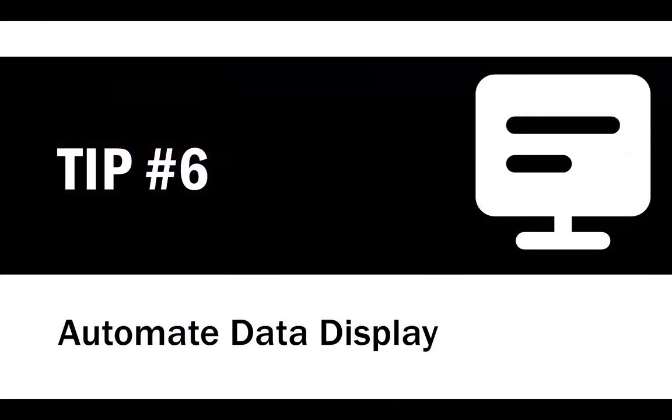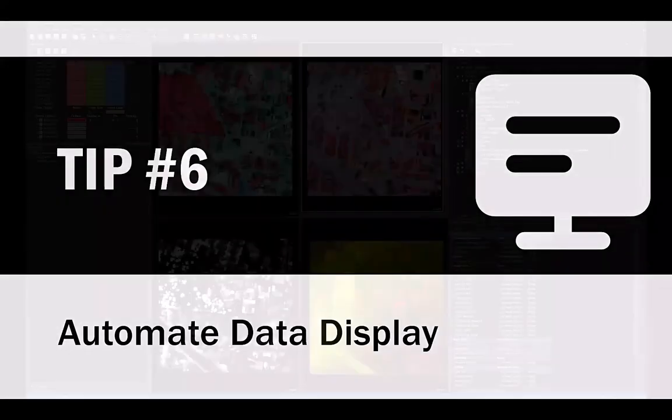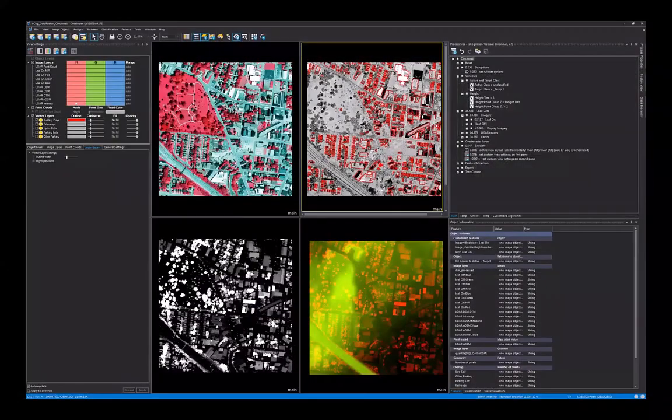So tip number 6 is to automate data display. This is one of the most overlooked features within eCognition. I love visual analysis of data. It's the foundation of how I approach feature extraction. I really need to see what I'm looking at. One of the reasons I love eCognition is you're not just writing code behind the scenes.